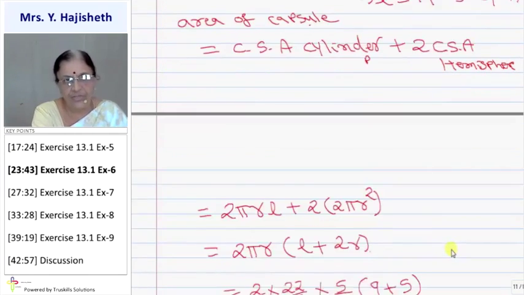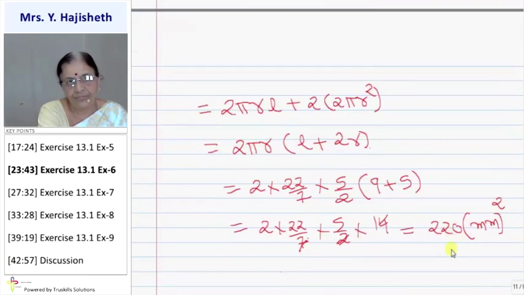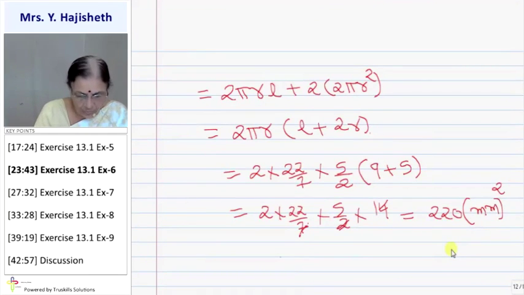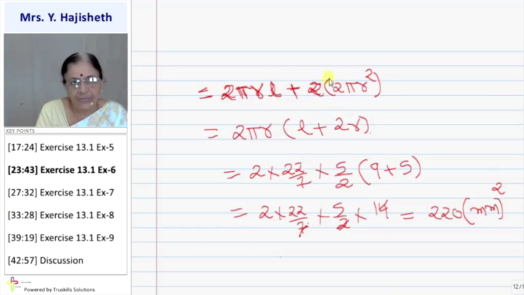Now you just put the formula. What is the curved surface area of cylinder? It is 2 pi r into h, but here h is L, plus 2 times 2 pi r square. Clear?